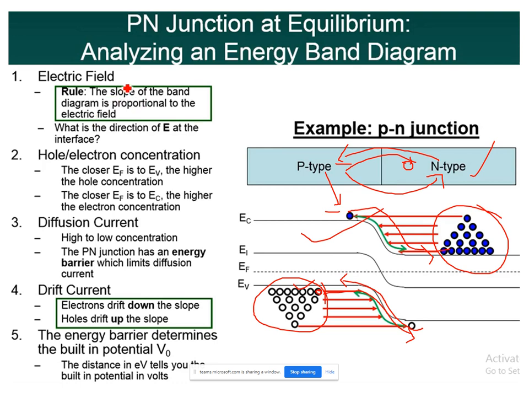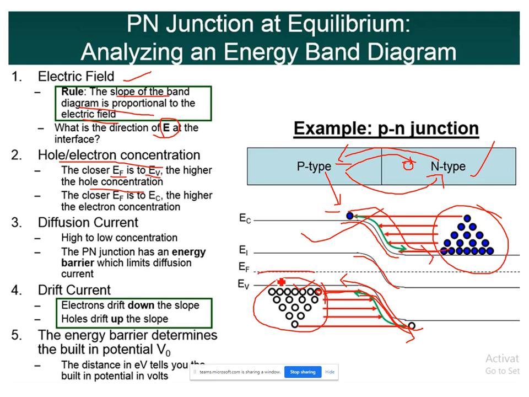Here we find some rules again. The slope of the band diagram is proportional to the electric field. Means the slope of the band diagram is proportional to the electric field, right? As E varies, the slope also varies. The closer EF is to EV, the higher is the hole concentration.